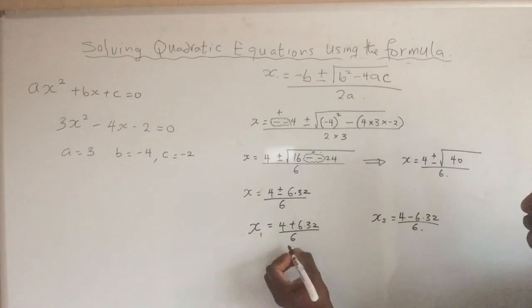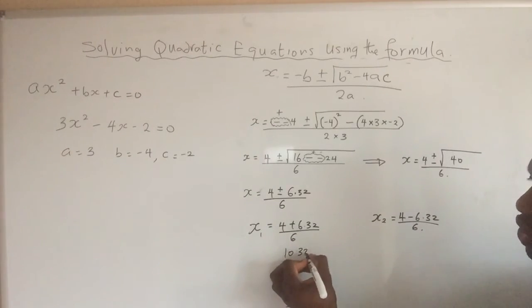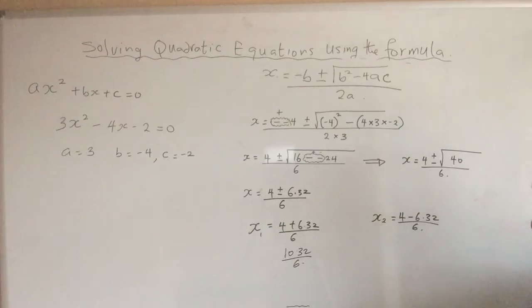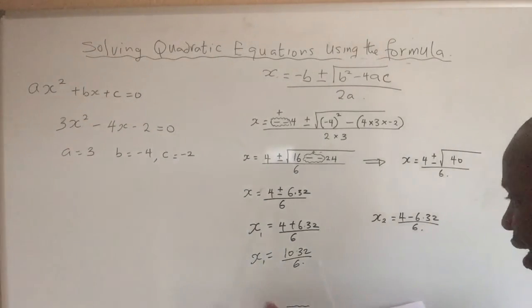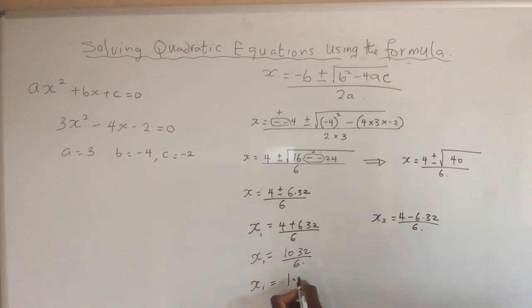So this gives me 10.32 divided by 6, x1 equal to 1.72.